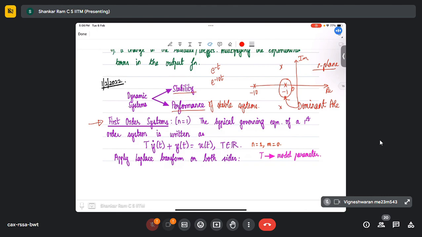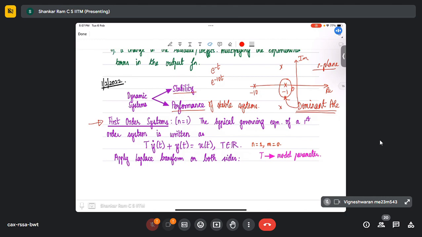By and large, even when we take a system of any order, the dominant dynamics, what do I mean by dominant dynamics? Those corresponding to the poles which are closer to the imaginary axis and consequently will influence the system response for a longer time, are going to be either one pole or a pair of complex conjugate poles.